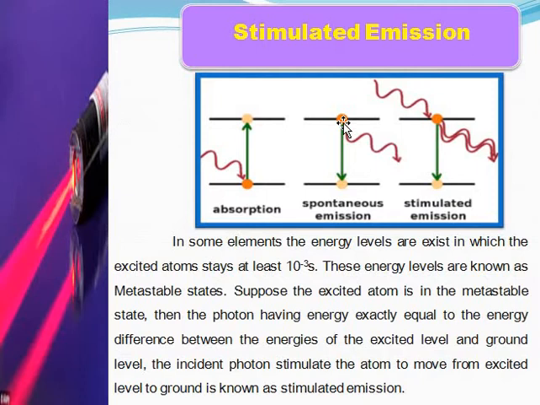It does not exist in every atom, only in some elements, and when radiation of the same frequency is incident, it stimulates the atom in the excited state to make a transition to the ground state with the emission of the same photon in the same direction. So that is known as stimulated emission.